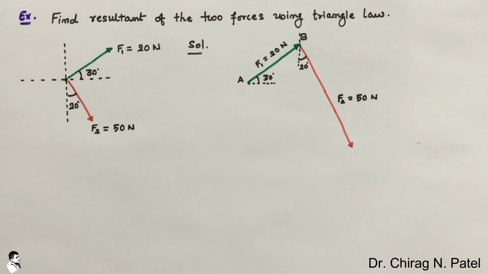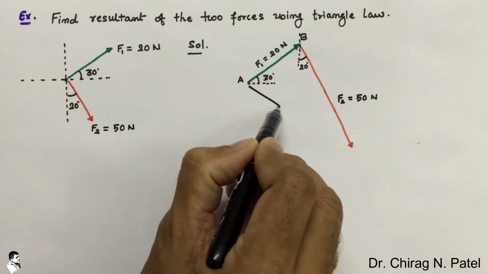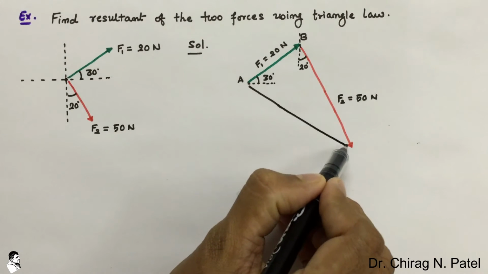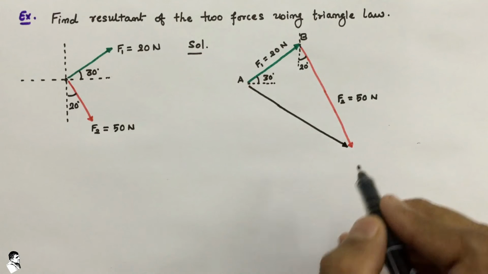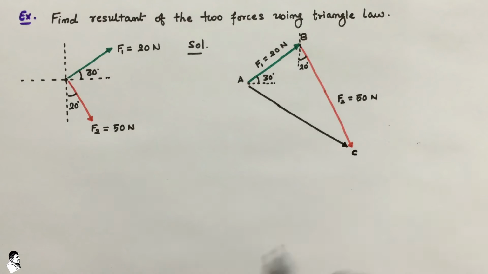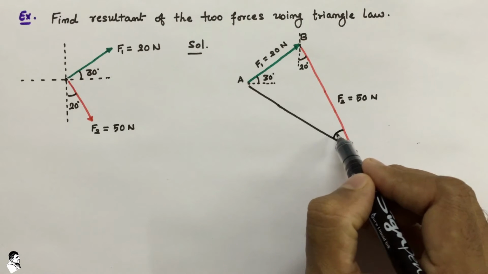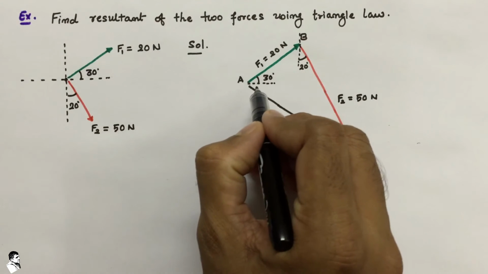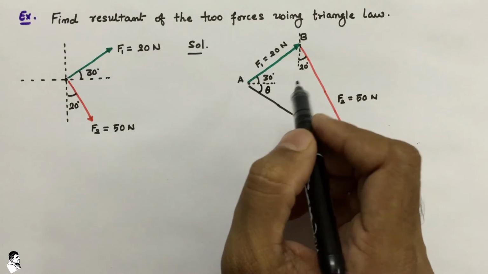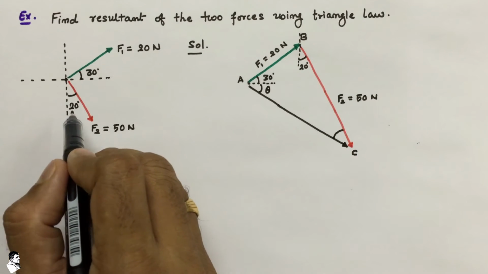Now the closing side that we take, we start in a reverse order and try to match it with the head of the second force, and that will coincide at point C, right? And you can also graphically measure this angle. Now in this we consider this as theta, and here it is 20 degree.